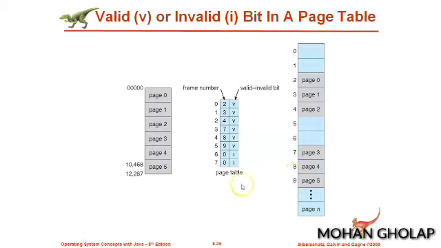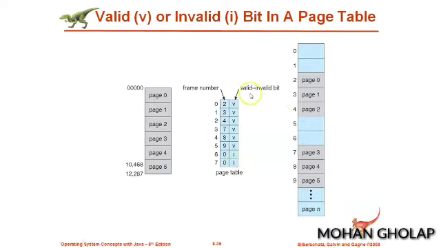You can see here an example. Here we have a page table, and this is physical memory. In the page table we have the frame numbers, and along with these frame numbers, every page table entry has an associated protection bit. As we saw, it may be a valid or invalid bit. Here V indicates valid and I indicates invalid.